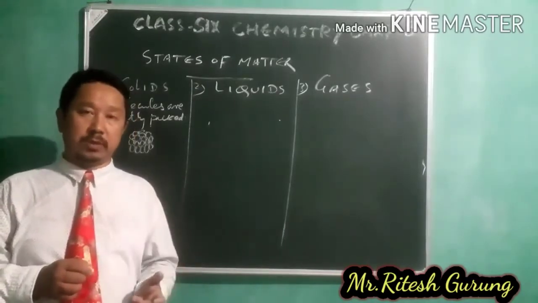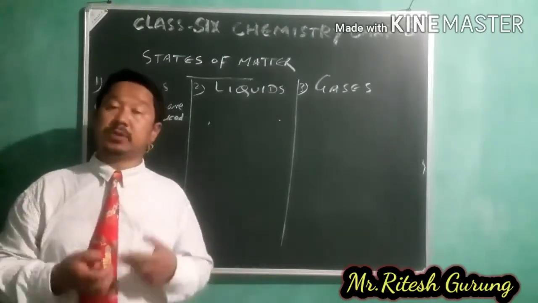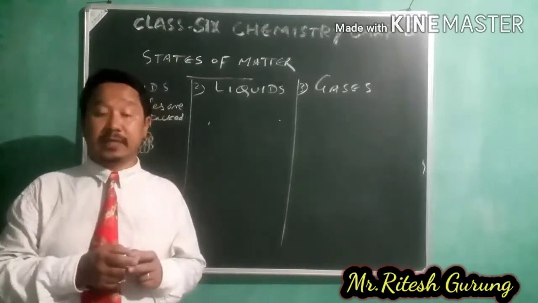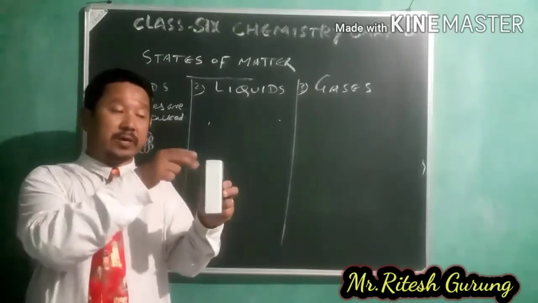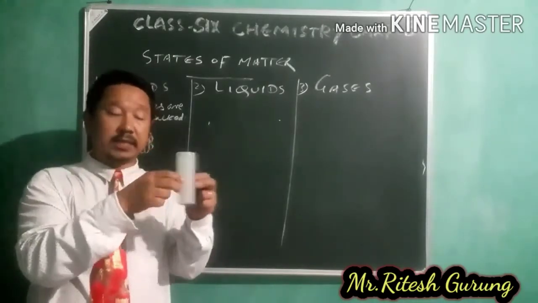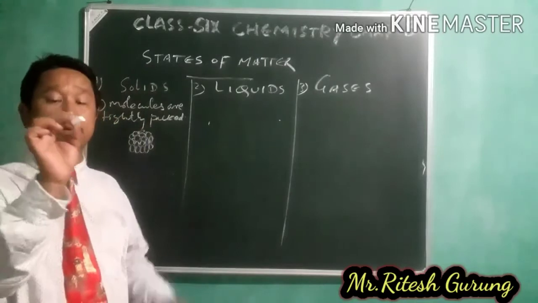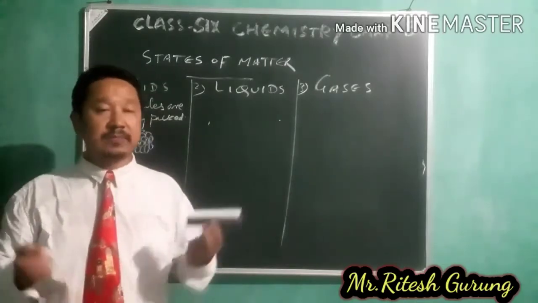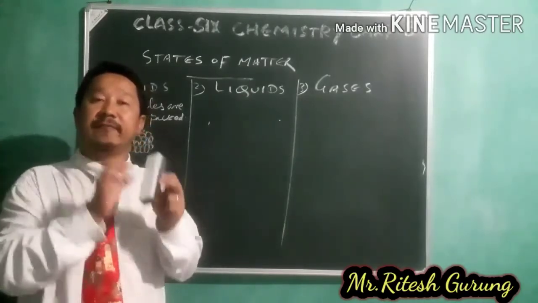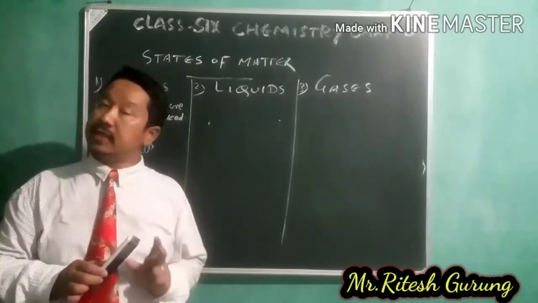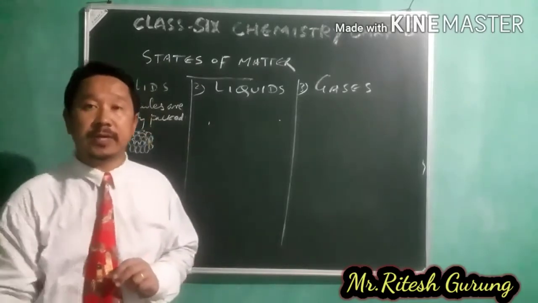It may be a rectangular shape, a circular shape, an oval shape, any such shape. A solid substance like a duster has particles tightly packed, giving a definite shape. A chalk also has a definite shape because the particles are tightly packed. So solids have particles tightly packed, which give a definite shape, a definite size, and also a definite volume.